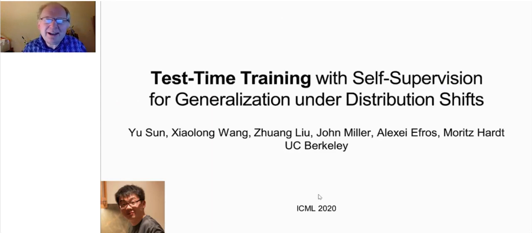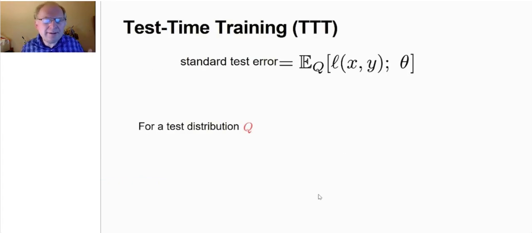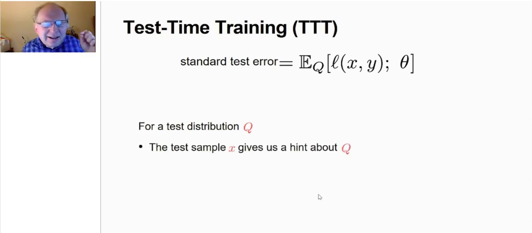Okay, and so this is one of our works that played around with this idea. We call it test time training, and here it's for the purpose of generalization on distribution shifts. So imagine that you're evaluating your pre-trained model on a distribution Q that is maybe somewhat different from what you trained on, right? Now we get one sample from Q, the sample X, and that sample X actually gives us a little hint about what Q is all about.